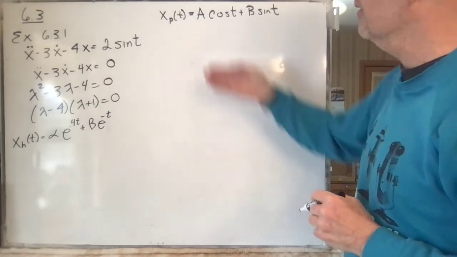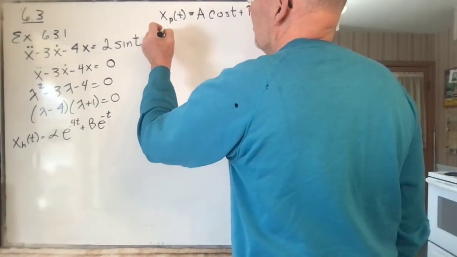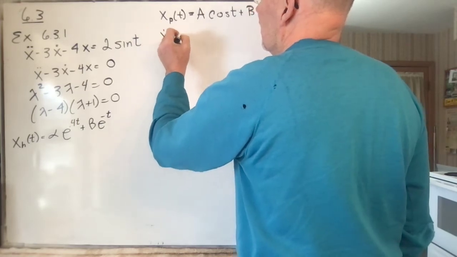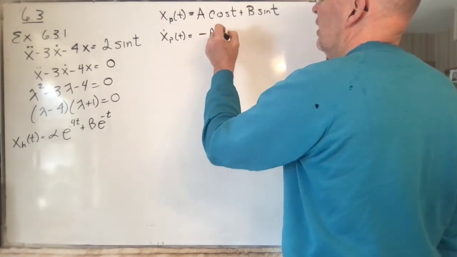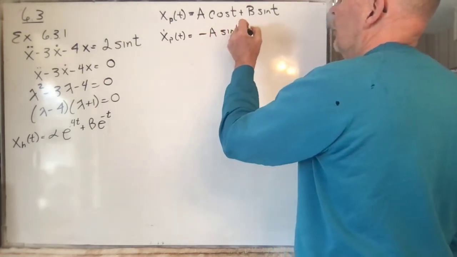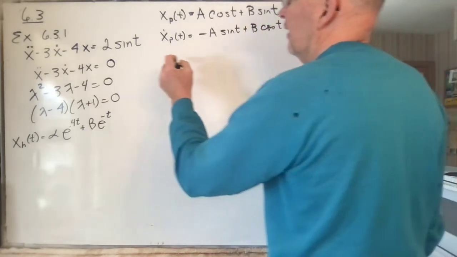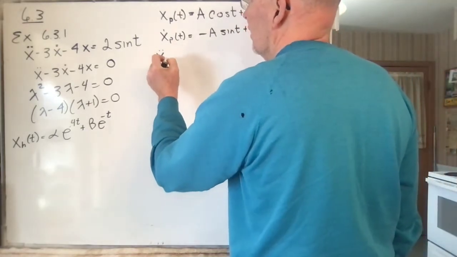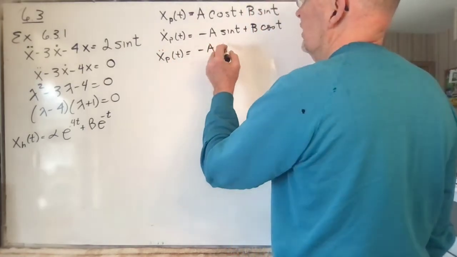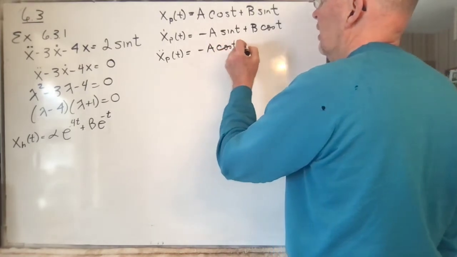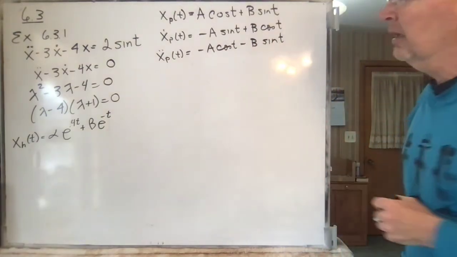So if this is x of t right here, then of course the derivative, x prime, is going to be negative a sine of t plus b cosine of t. And then of course the second derivative is going to be negative a cosine of t minus b sine of t. Agreed? So there they all are.